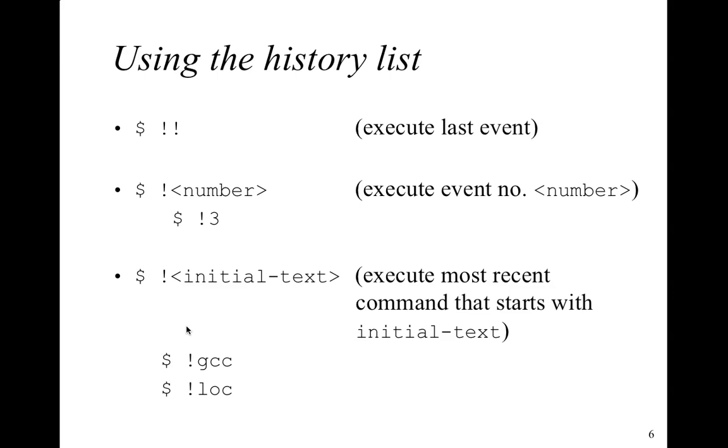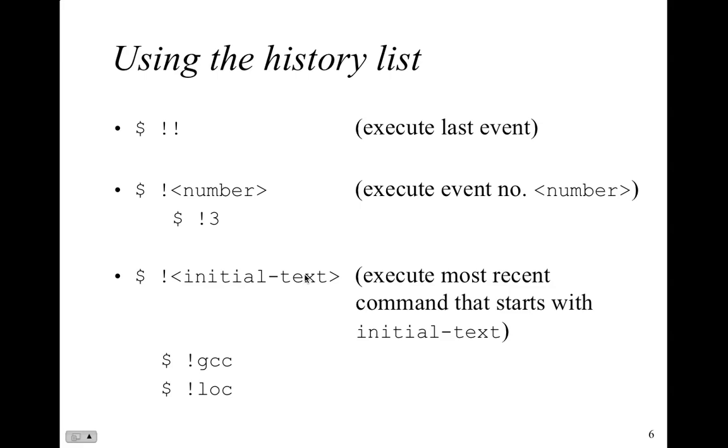So in terms of using the history file, I showed you my technique. I like to use the arrows and go through the history that's saved in temp memory. However, you can execute the last event by typing, and this is the prompt here, so don't type in a dollar sign, bang bang. You type in two exclamation points, and it reruns the last event, the last thing.